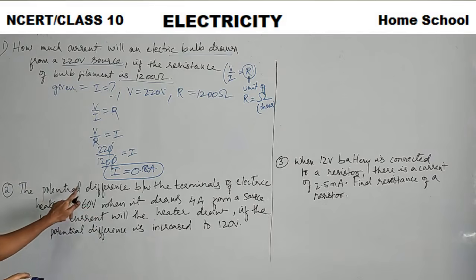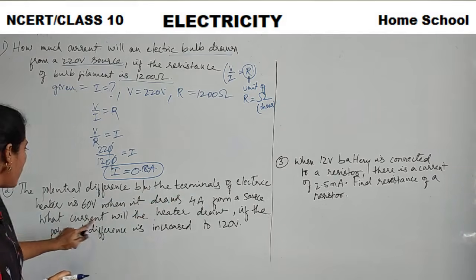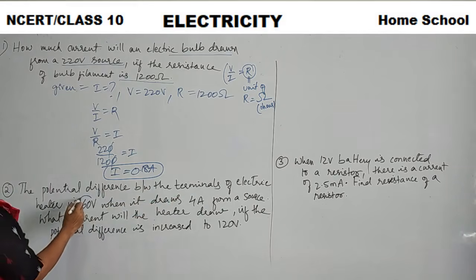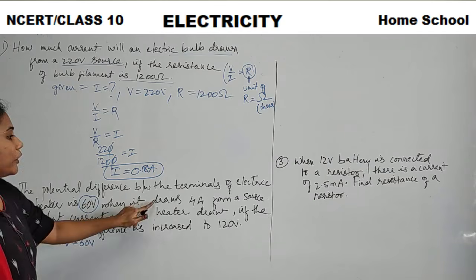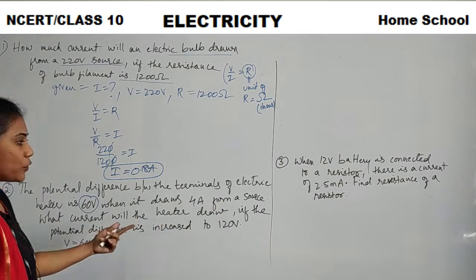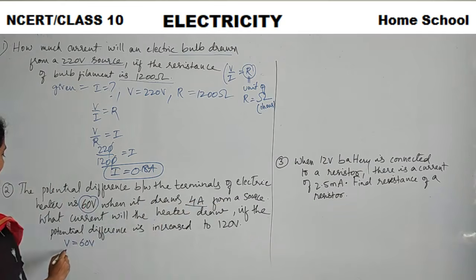The potential difference between the terminals of an electric heater is 60 volts. So V is equal to 60 volts, when it draws 4 amperes from a source, that means I, the current, is 4 amperes.